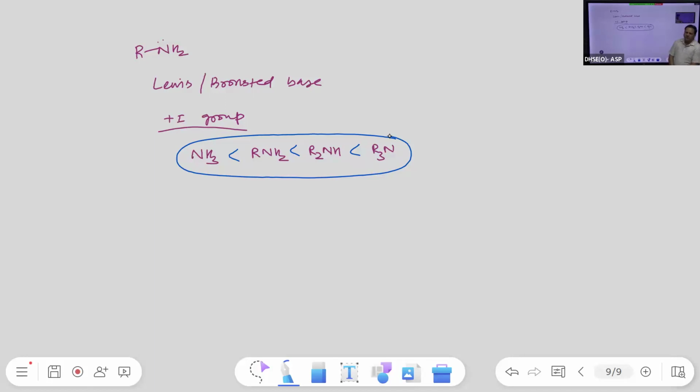Resonance or mesomeric effect. So note it, students. Can you write the resonating structure of the following species? Take just 2 minutes and write down the resonating structure of these species. Let's see how many you can do.